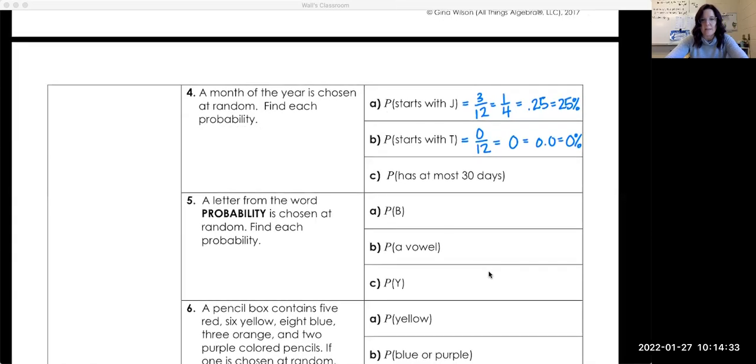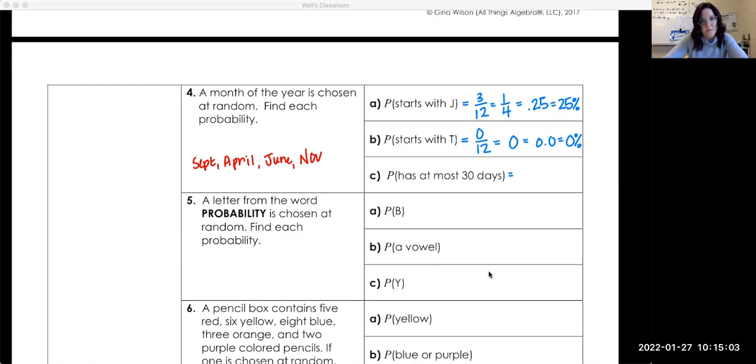What is the probability that the month has at most 30 days? At most 30 means it can't have more than 30. So January, February, March, April. Do you know how many days are in each of those months? If you've ever heard the rhyme, 30 days has September, April, June, and November.